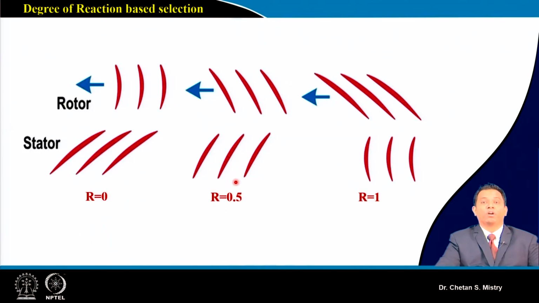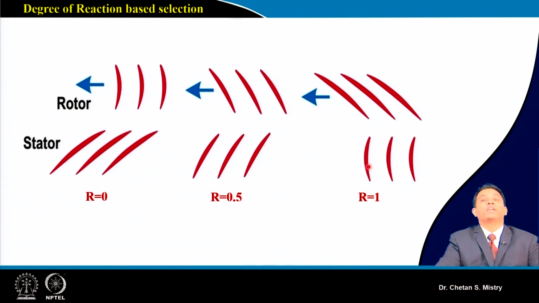Now, if you recall, we have discussed different kinds of configuration. We say we are having different kinds of degree of reaction distribution. Here, this represents my degree of reaction to be 0, my degree of reaction to be 50%, and my degree of reaction to be 100%. You will ask, sir, how are we correlating what we learned with this degree of reaction?